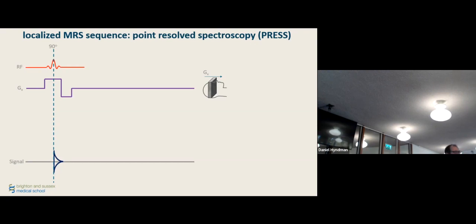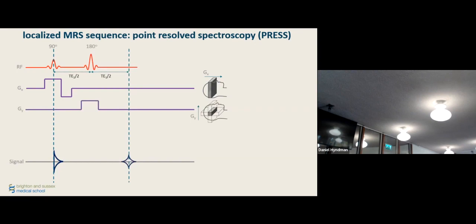It looks like this because this is the signal that decays in time. This is the time domain signal we generate with this pulse, and we apply the gradient, apply the radio frequency pulse, and thus select, for example, this slice with the gradient operating in this direction. Okay, a third of the job is done.